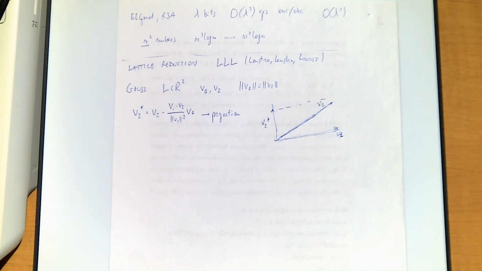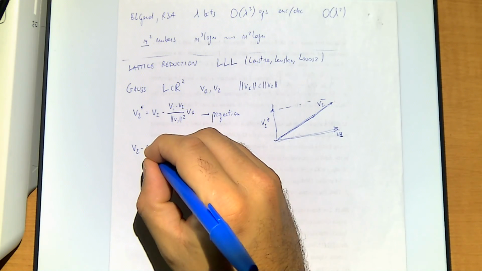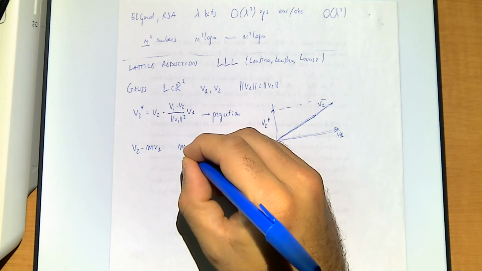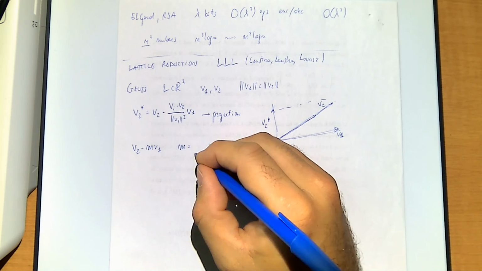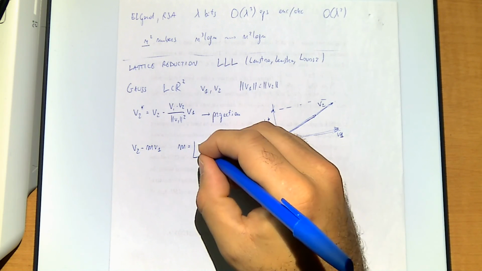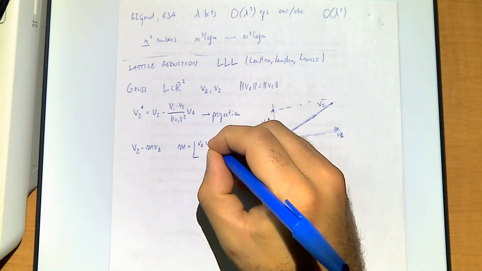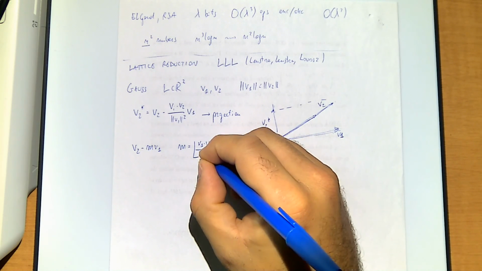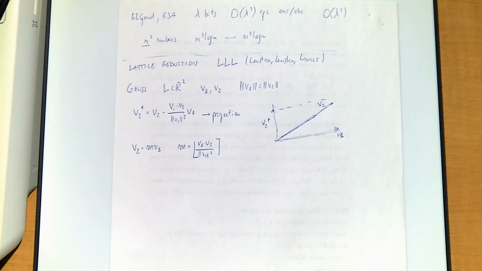The best we can do is basically V2 minus m V1, where m is the rounding of V1 dot V2 divided by the norm of V1 squared. If this works, good. If V2 is still longer than V1, then we're done. But if it's shorter, then we have obtained a shorter basis.